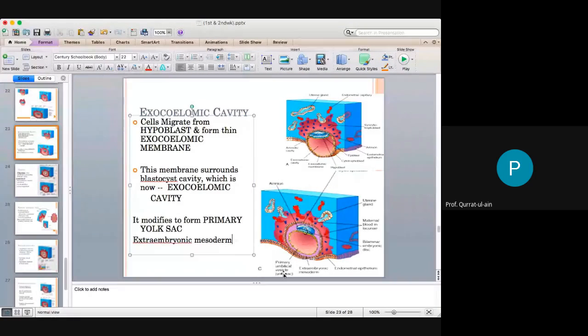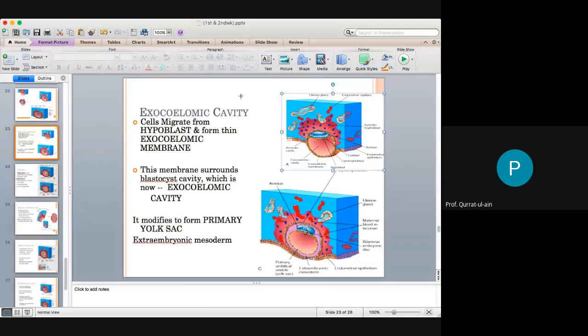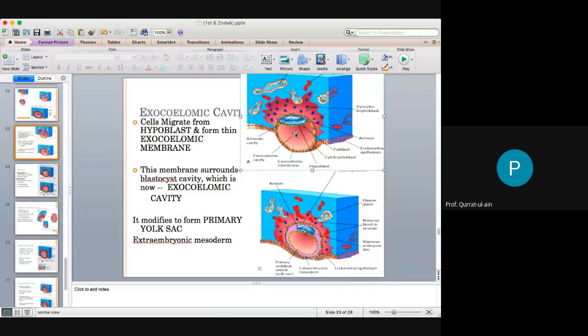I'll zoom this diagram. This is the epiblast, and this yellow layer is the hypoblast. The hypoblast cells have grown downwards to form the exocoelomic membrane, or the membrane of the primary yolk sac or the exocoelomic cavity. And this membrane and the cytotrophoblast are in close contact.